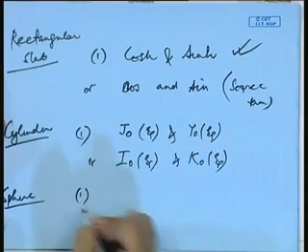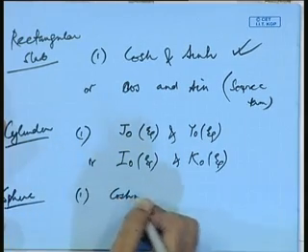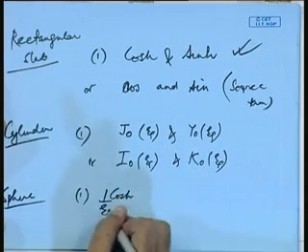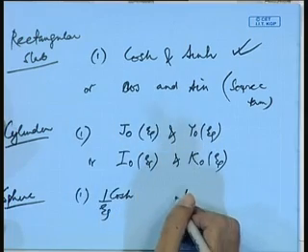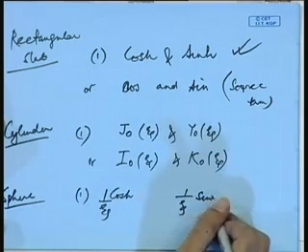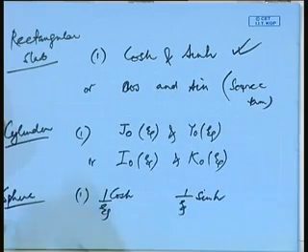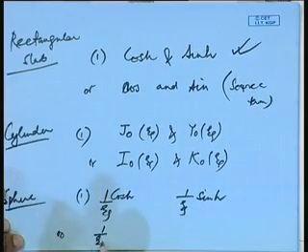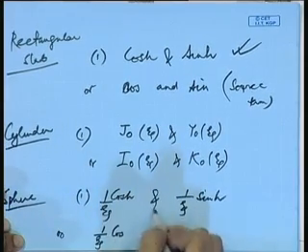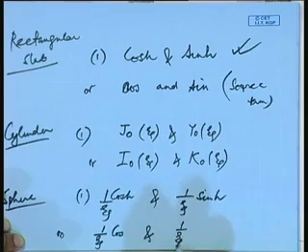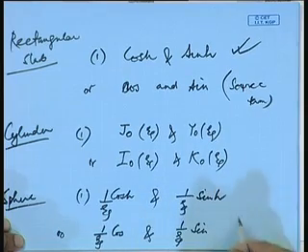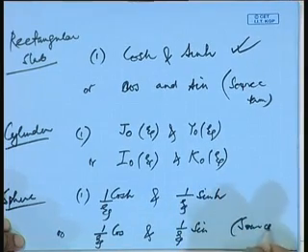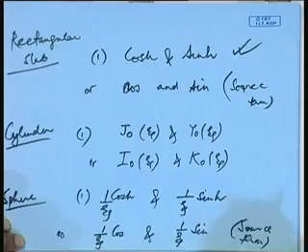The sphere would be 1 over psi cosh and 1 over psi sinh, or it would be 1 over psi cos and 1 over psi sin. This is for a source term, special case. Is that clear to all of you?